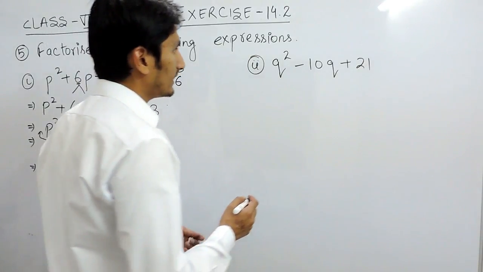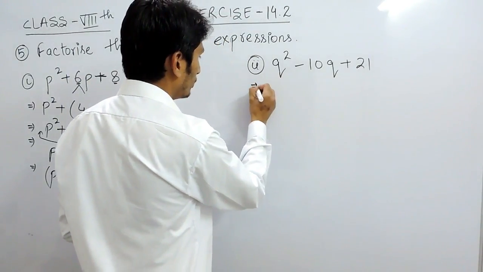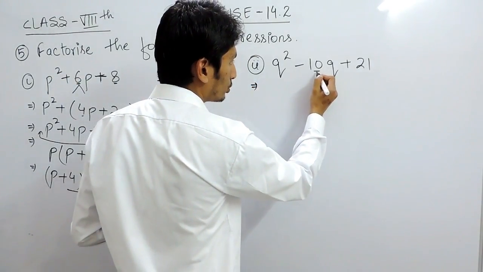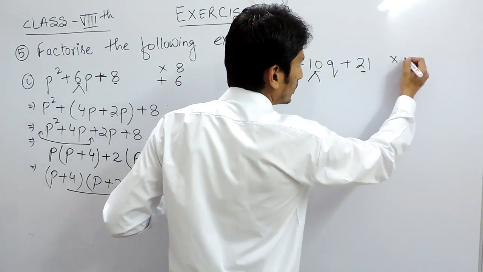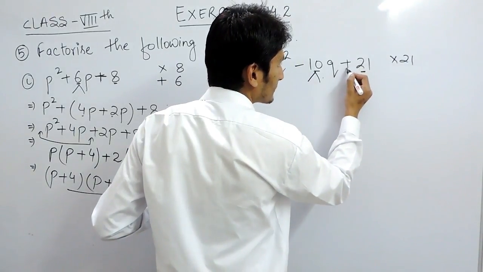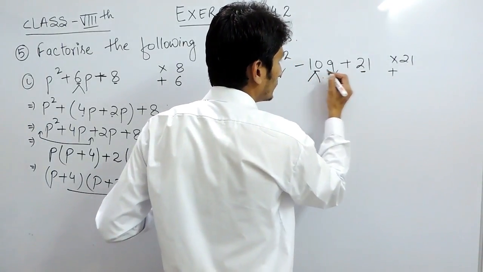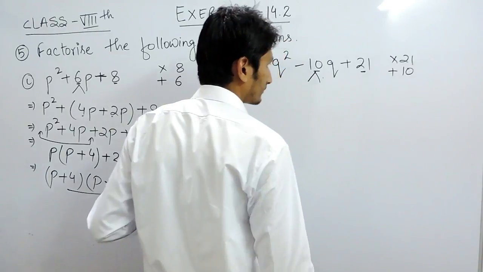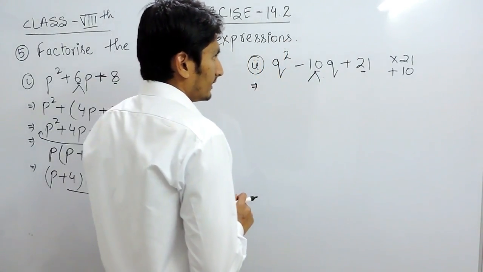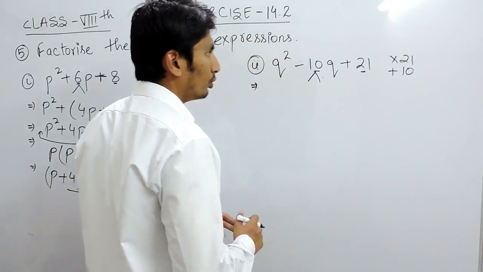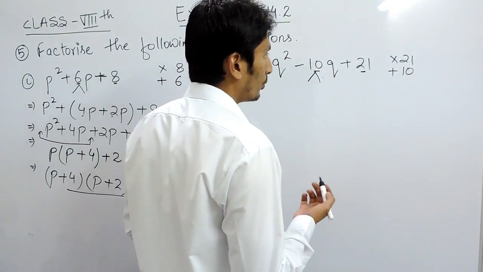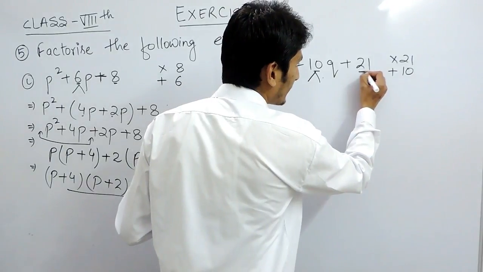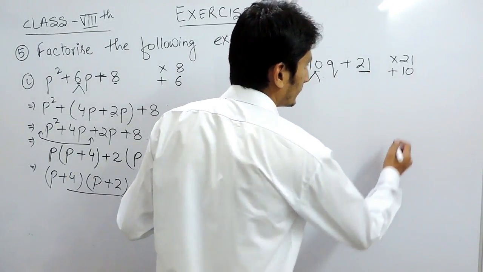Now let's solve this. Again you have to split this middle term into 2 parts such that their multiplication should be equal to 21 and their sum should be equal to this 10. If you are not able to think of these 2 numbers orally, you can factorize 21.